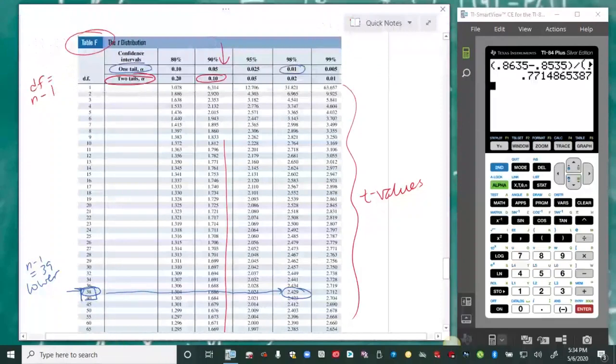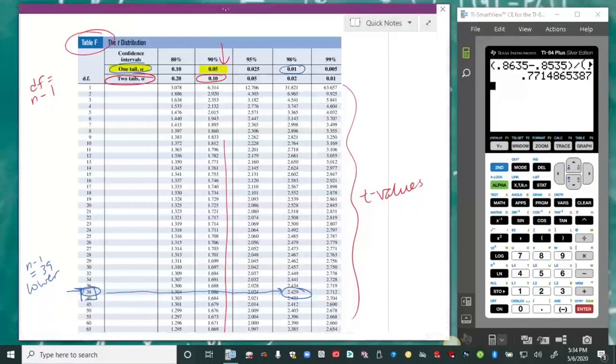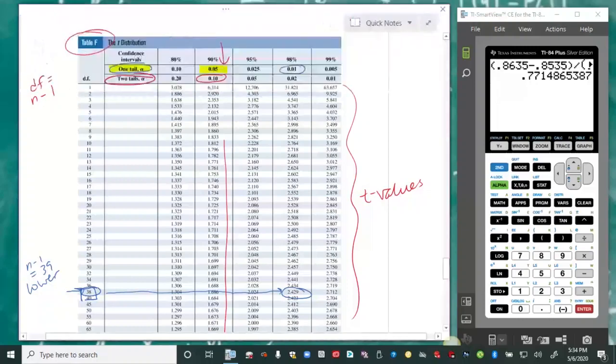Okay, so this time we're doing one tail again. And we have, it was 0.05, right? So I've got 0.05. And I want 50, this time it was 53, wasn't it? But I'm not going to round up. So 53 this time is between 50 and 55. I don't round up. I'm conservative on these. I'm always going to take the lower value. So I'm going to take 50.